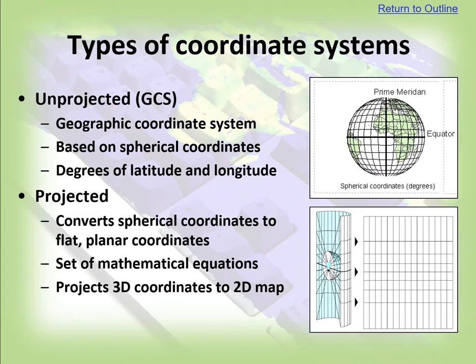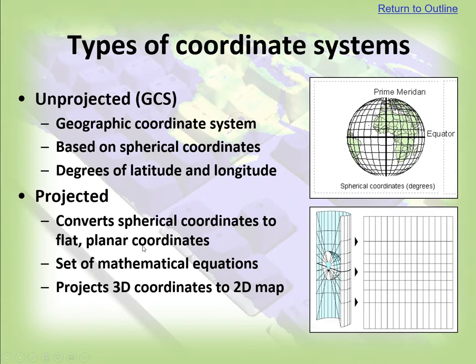A projected coordinate system is the reverse of that. Now we're taking the globe and trying to project it onto a flat piece of paper. As you can see, we've got this round Earth, and then a light bulb inside the Earth, and it projects out onto the piece of paper here.